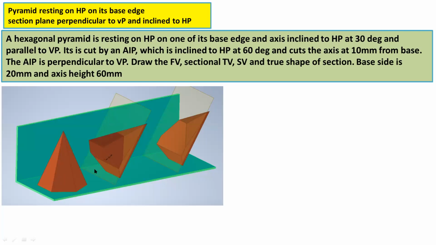In the second stage, we should rotate this pyramid in such a way that it will rest on one of its base edges. So you can observe here in the second image, the pyramid is resting on its base edge and the axis of that pyramid will be inclined to HP at 30 degrees. So you can refer to the first line of the problem.